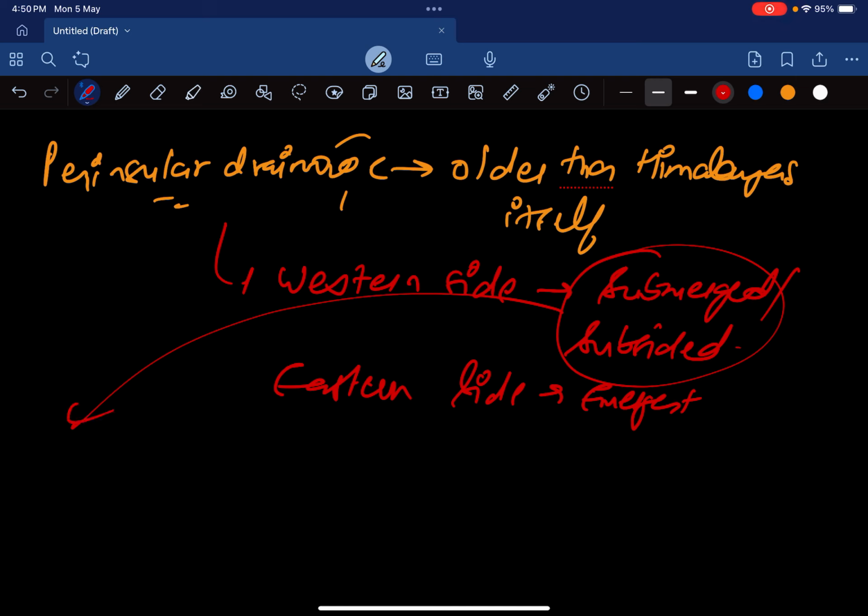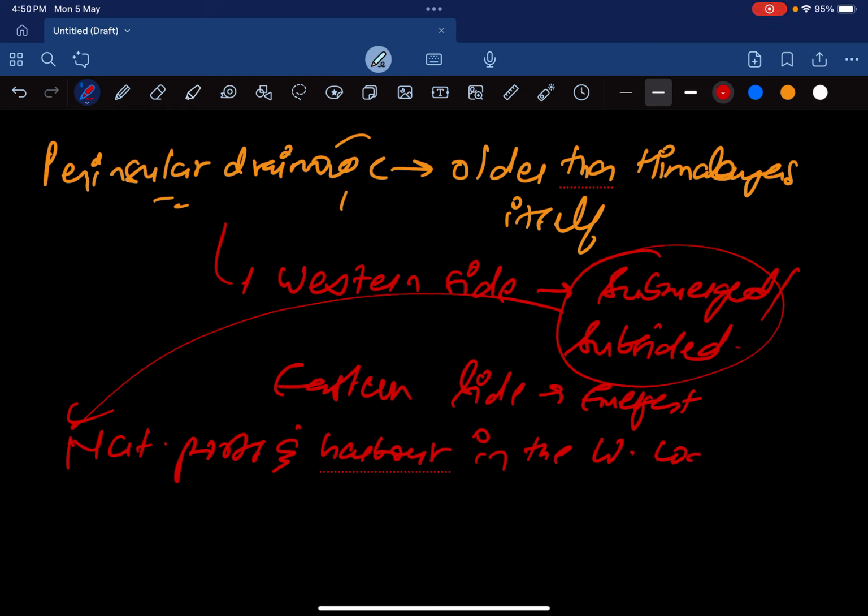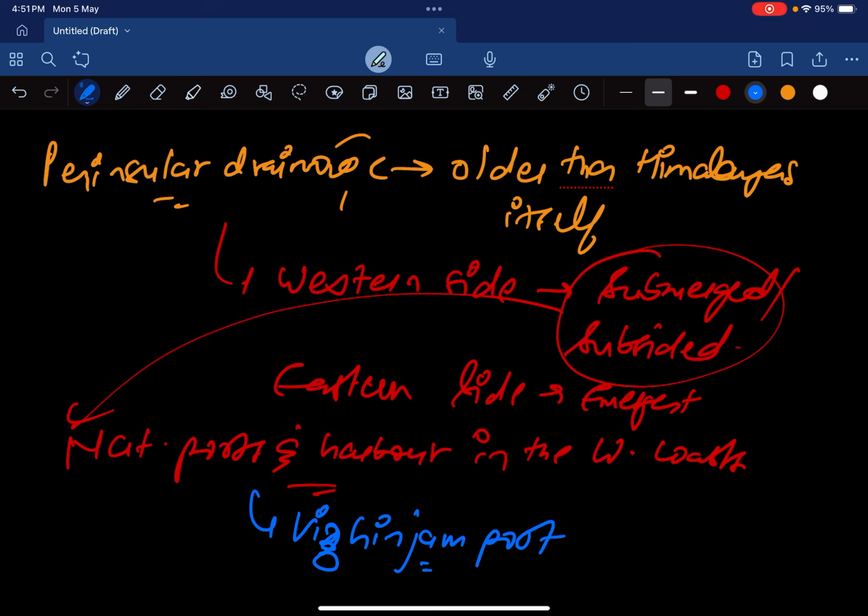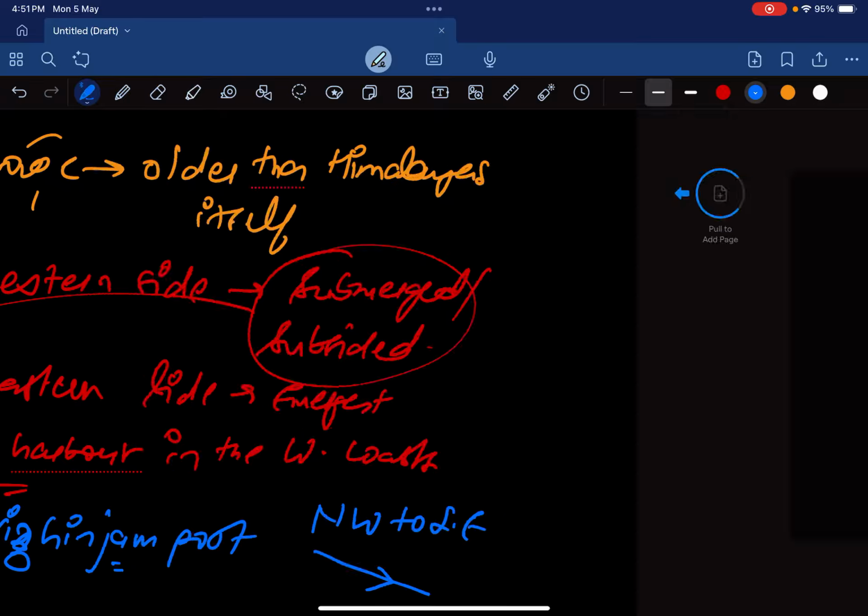That's why we have major natural ports and harbors in the western India, in the western coast. Recent example is Vizhinjam port, right? And we all know the tilt, that is from northwest to southeast, right?